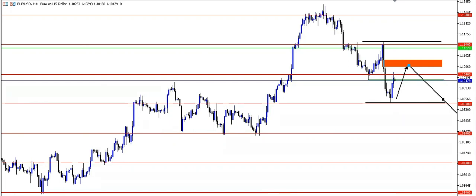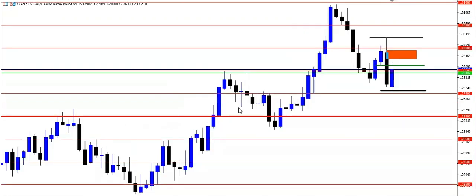The next pair we're looking at is GBPUSD. As you can see clearly, this low has been violated. This is a daily low and has been violated. Price closed below it. Had price not closed below this zone, I could have been a little skeptical, but price closed below it and traded below this low. So clearly, there is a shift.